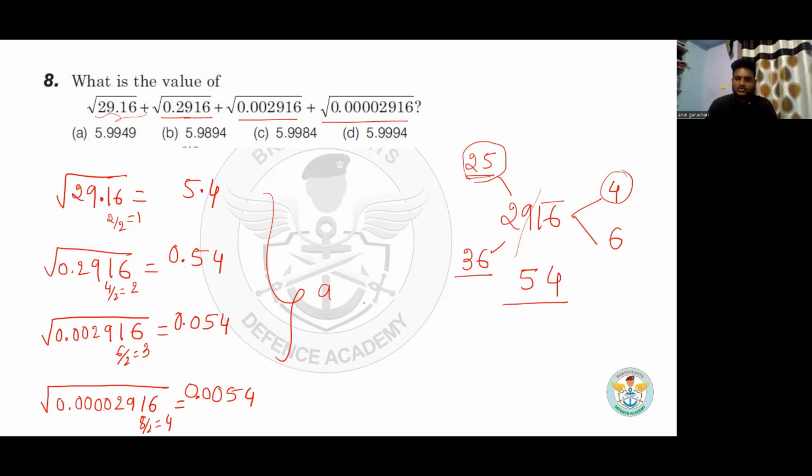Now all I have to do is add all of them. Add them and find the option. Add all the numbers and get the answer.